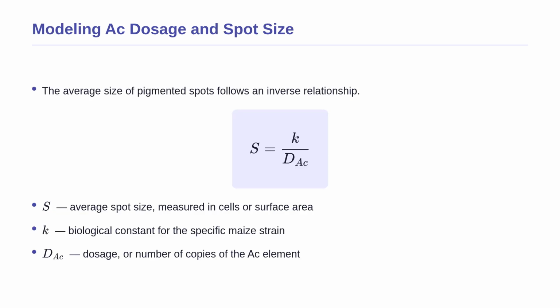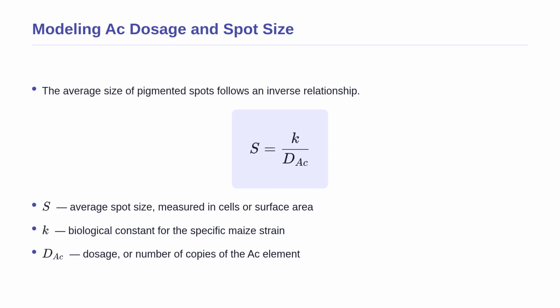While genetics is heavily biological, we can mathematically model the behavior of these jumping genes. Barbara McClintock noticed a fascinating quantitative relationship. The number of AC elements directly affects the physical size of the spots on the corn kernels. This brings us to our first formula. The average spot size, represented by S, is equal to a biological constant, K, divided by the AC dosage, represented by D sub AC.